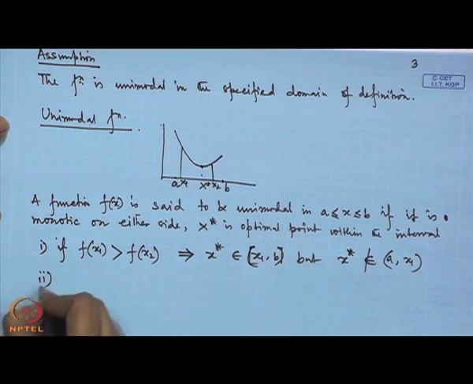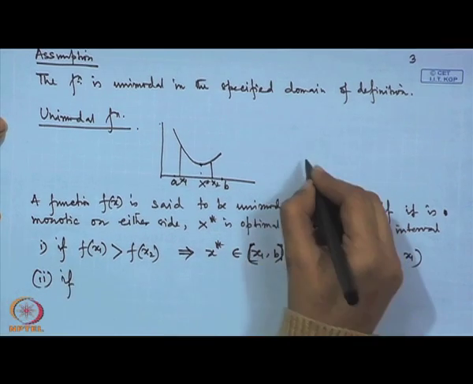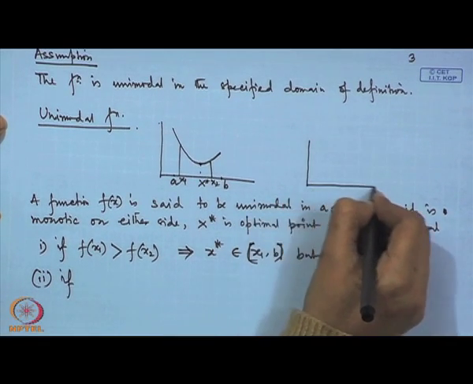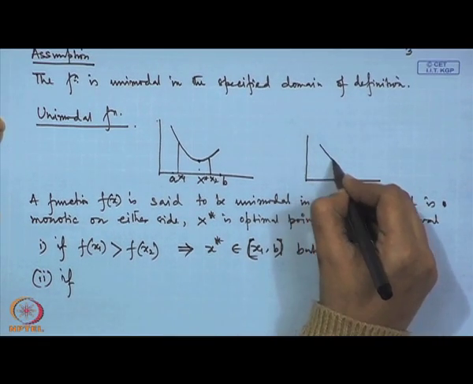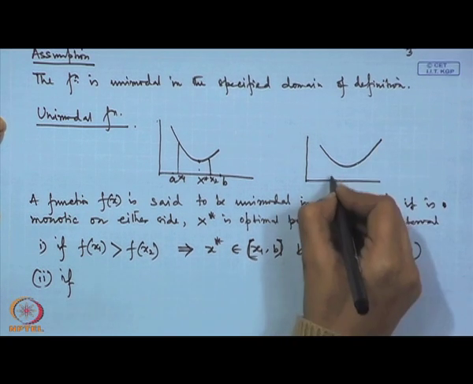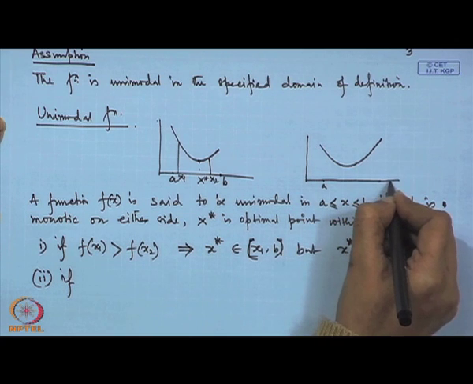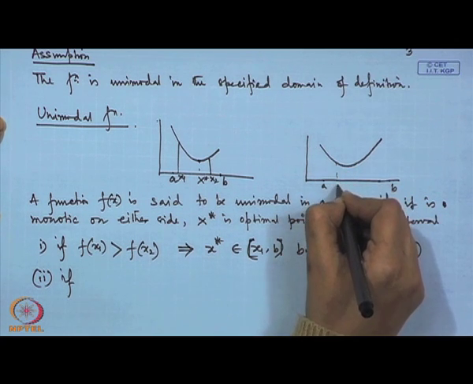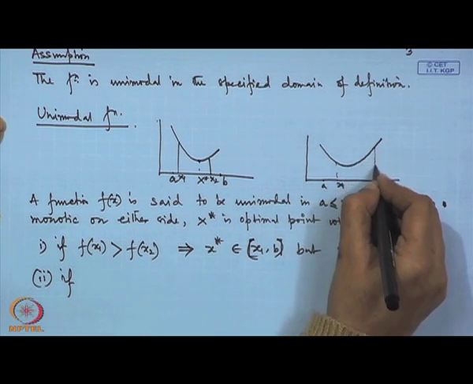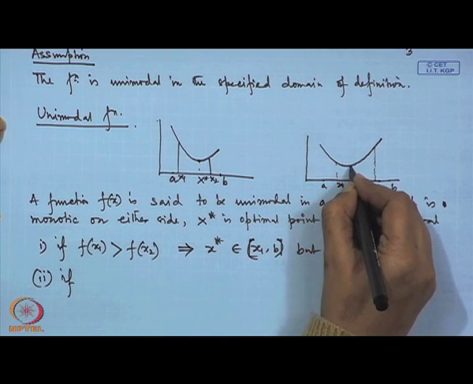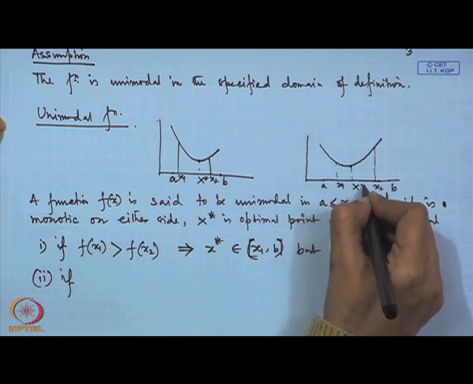And the second condition, let me take another case. The function is this way, this is the domain of definition from a to b, this is my x1 and this is my x2, and certainly the optimal point, this is x star for us.